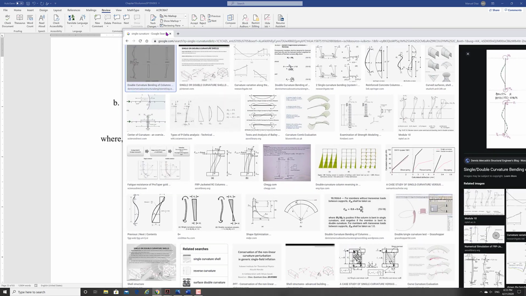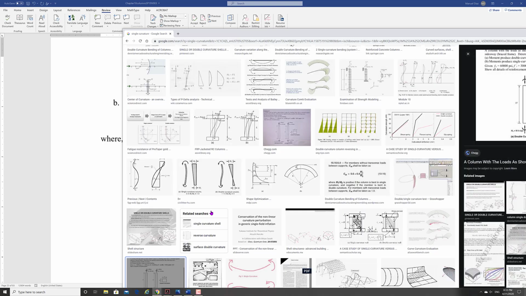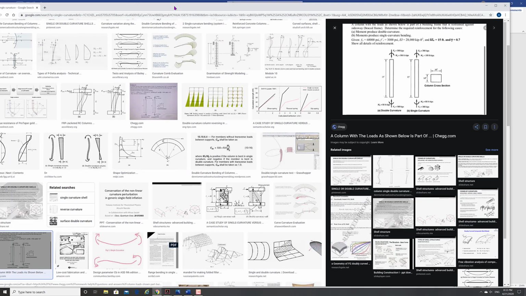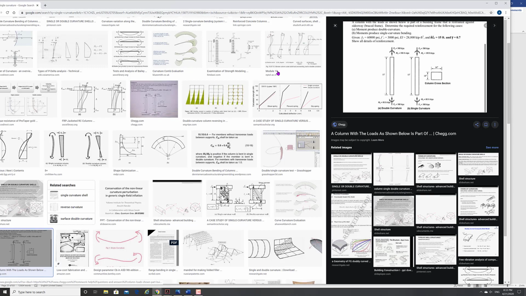Okay. So again, this one right here, you can see this is a good one because you have the actual moments shown. Oh, I don't know where it went. Where did it go? Well, I think this one that I was showing you is also the same.